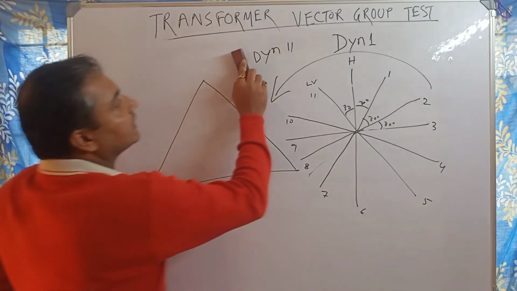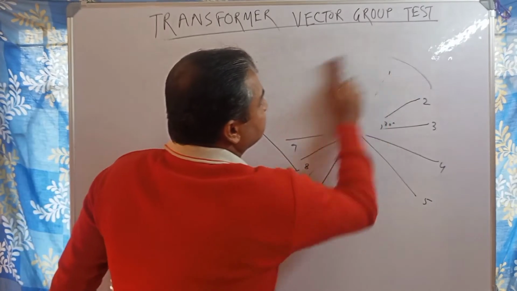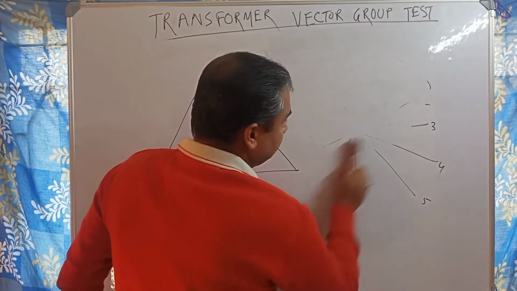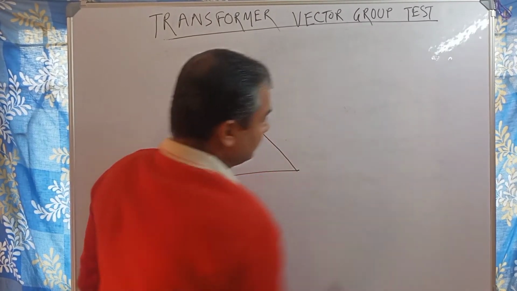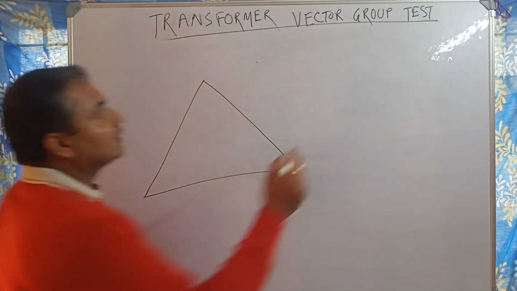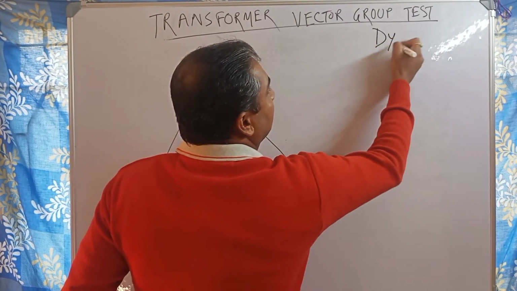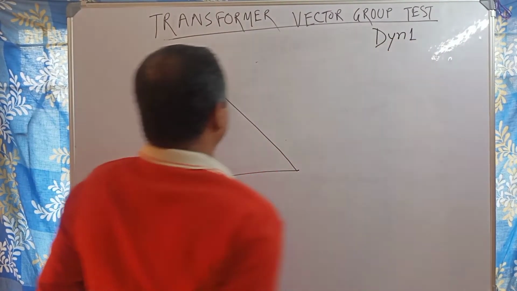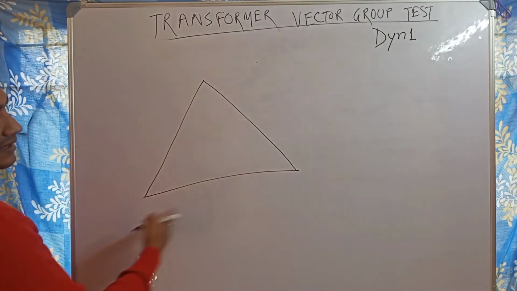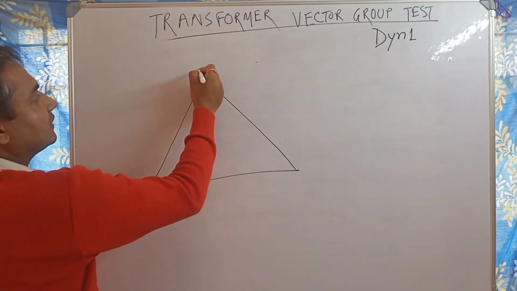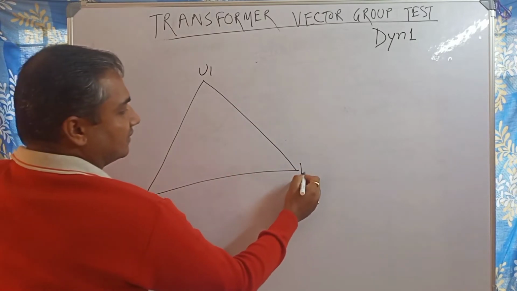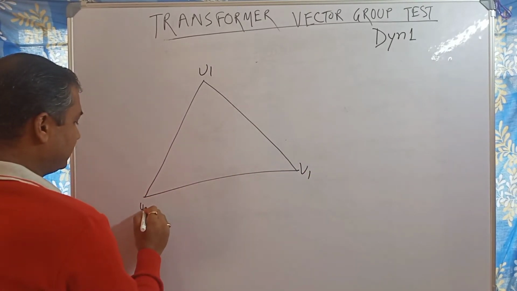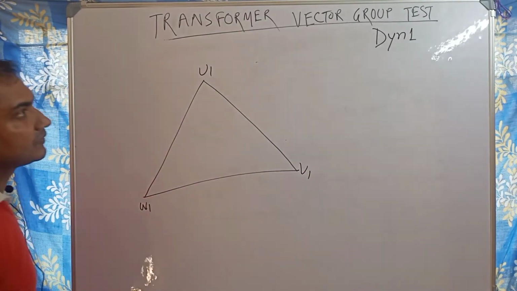Now I am coming to the test. Set vector group Dyn1. So primary is delta connected, meaning U1, V1, W1.